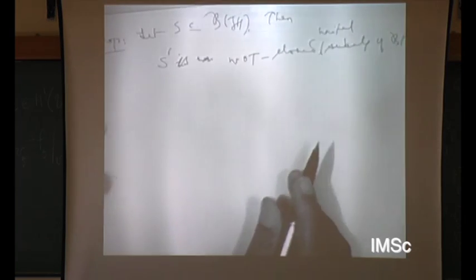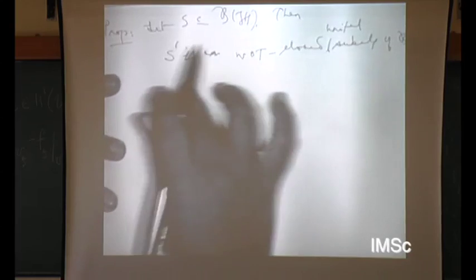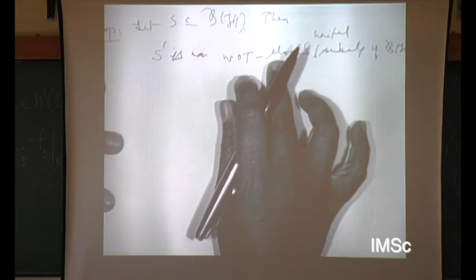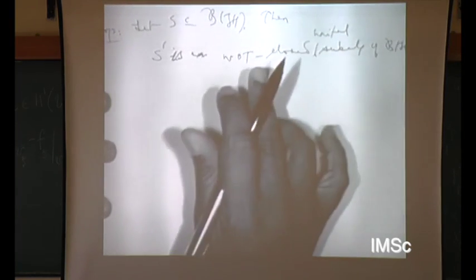So all this you get for free. The commutant of anything is automatically a weak operator closed unital subalgebra of B(H).